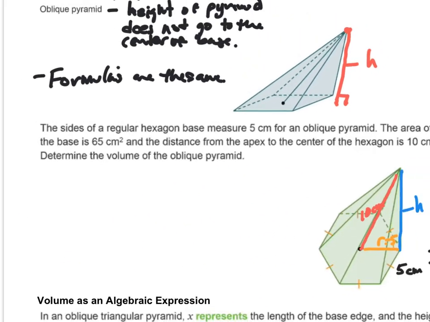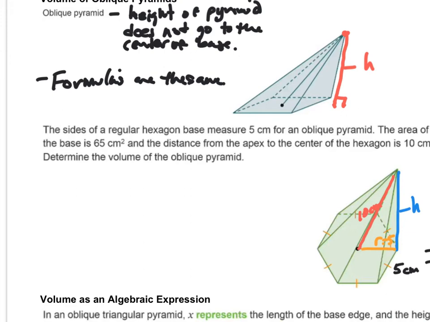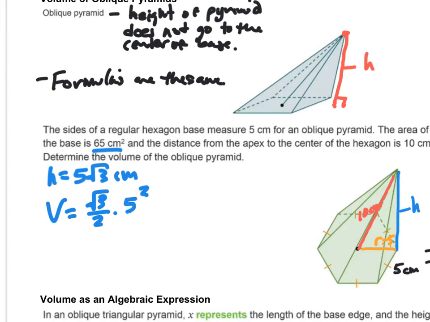Now we know the height of my pyramid. The height is equal to 5 times the square root of 3 centimeters, and the area of the base is 65 centimeters squared. So I can do a couple different things here. My volume, then, is going to be the square root of 3 over 2 times 5 squared times 5 times the square root of 3.